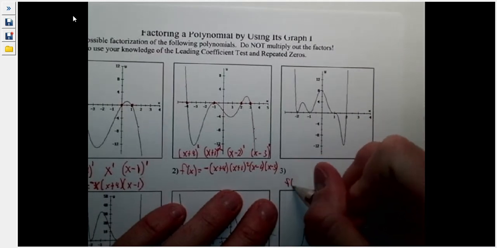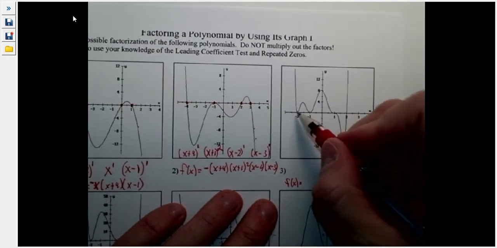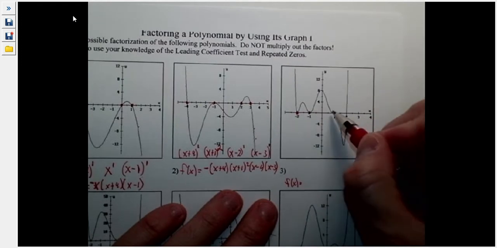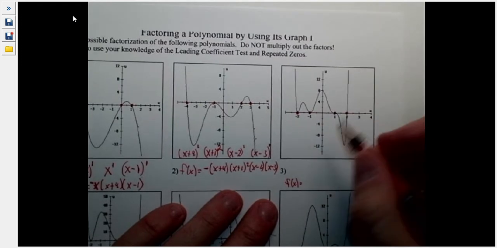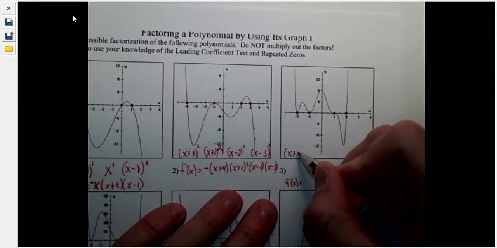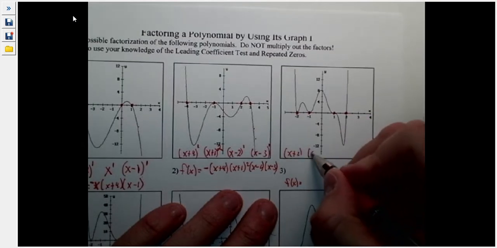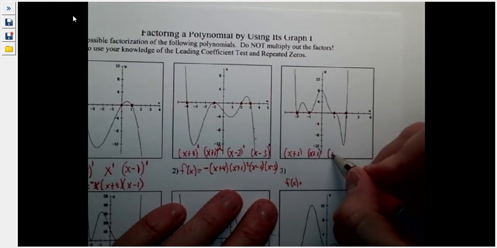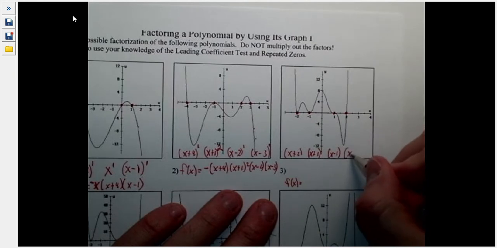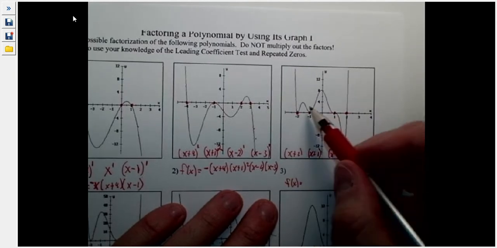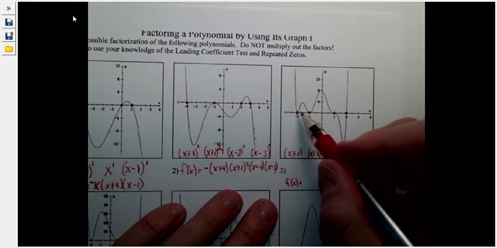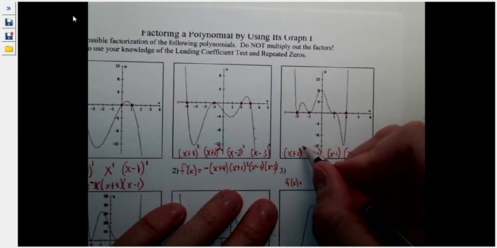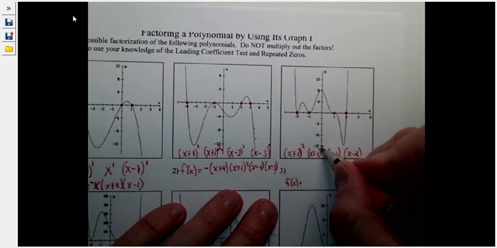Here we go again. Now, I've got a zero here, a zero here, a zero here, and a zero here. So x plus 2 for that one, x plus 1, x minus 1, x minus 2. This power on this root, since it bounces, is 2. This bounces, 2.